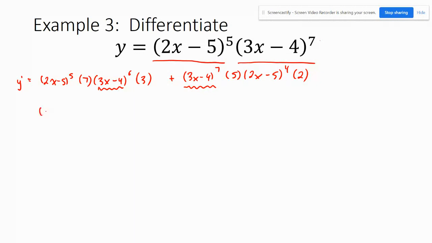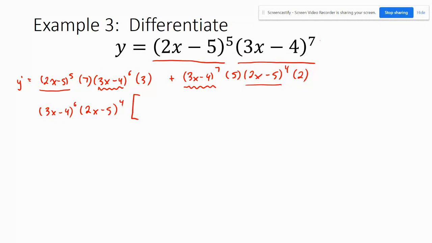So this is going to be (3x minus 4) to the 6th. Also, I have (2x minus 5) to the 5th, and then (2x minus 5) to the 4th. Between the two terms, (2x minus 5) to the 4th is common. So (2x minus 5) to the 4th. What do we have left?